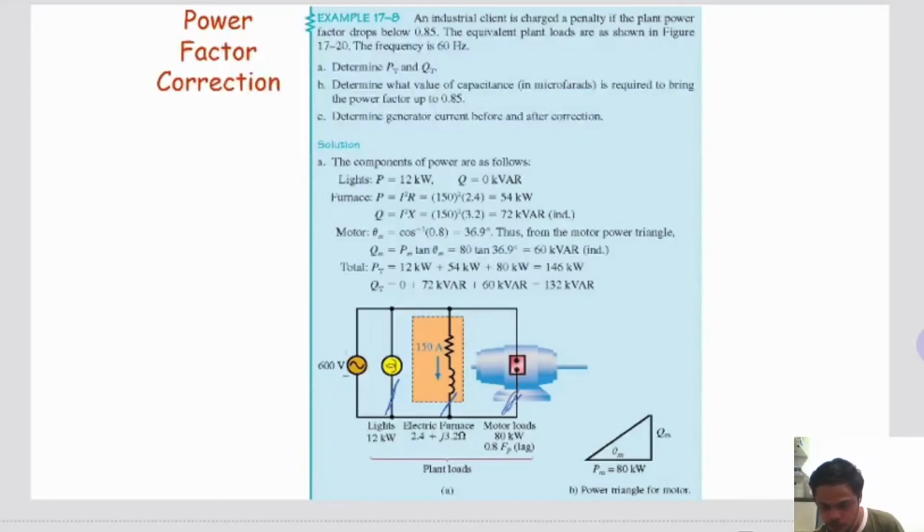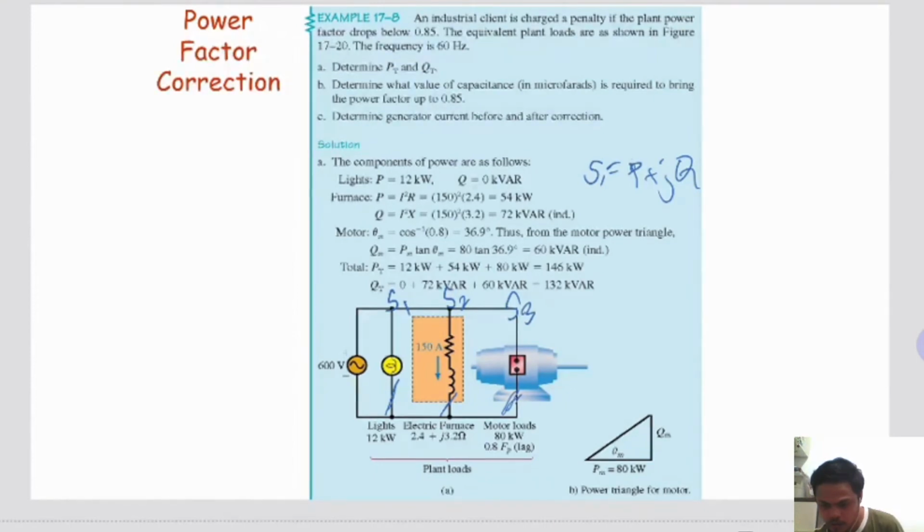So we need to compute the individual S power of the system. So you have S1, S2, and S3. So for S1, we need to determine P and Q. Okay. So P is already given.